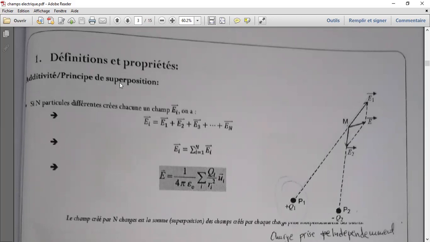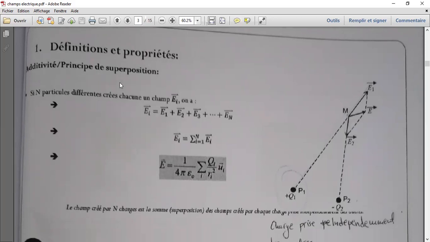Like on force, we talked about the addition of forces, where you get the force caused by each particle on a point, then you add them together. When we talk about additivity of a champ, you calculate the different champs caused by these different charged particles, and you add them together.